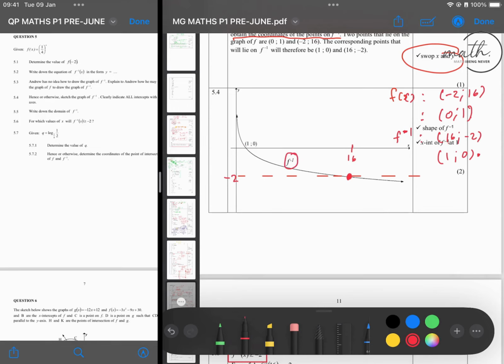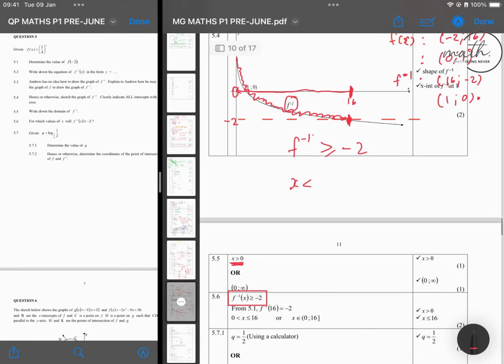Remember, we want where the inverse is above -2. So it's above here, up until up there. So from here, x is 16. Then all of this is x up until 0 here, without including the 0.